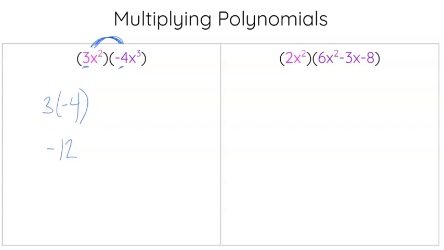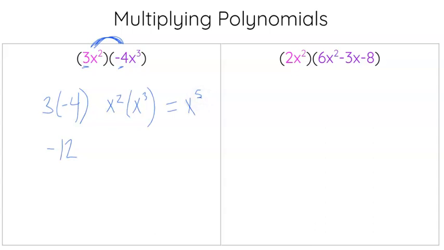And then we are also going to multiply the variable. So we're going to do x squared times x to the third. When we multiply with variables raised to powers, we can add our exponents. So x to the second times x to the third is really x to the fifth.